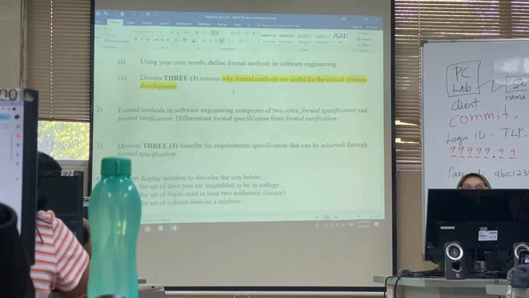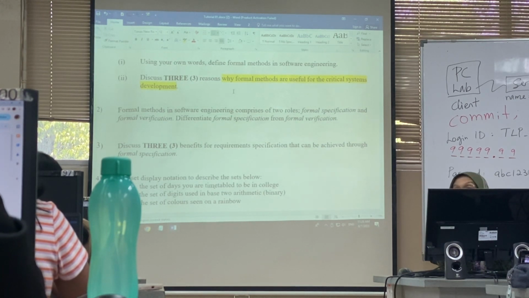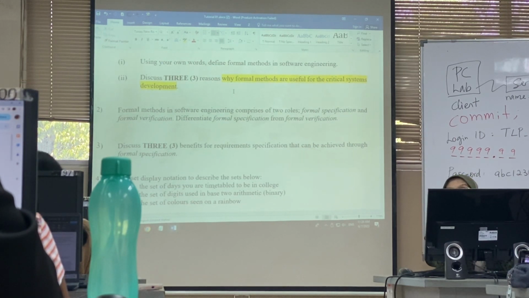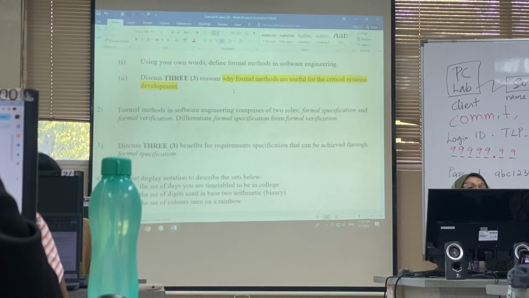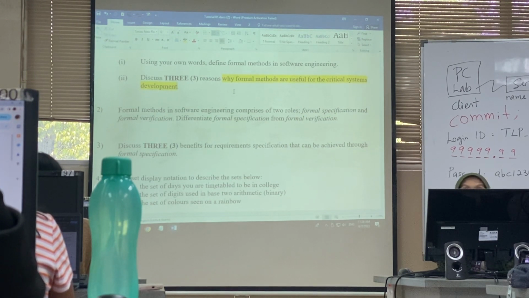Especially when a company is asking you, can you develop this kind of system within 2 years? We want this kind of system, and it will need to be thoroughly checked because it involves human life. Let's say those are the requirements from the client to your company. Then you do analysis and so on.